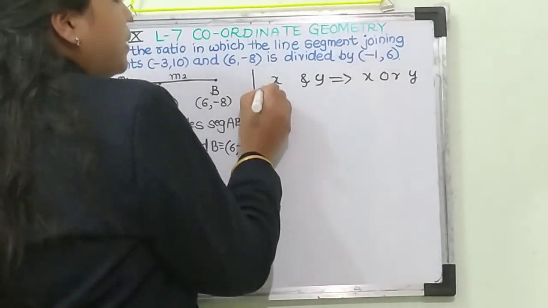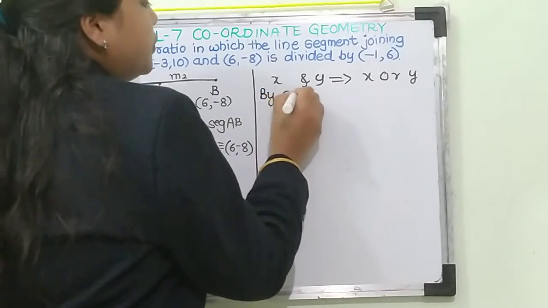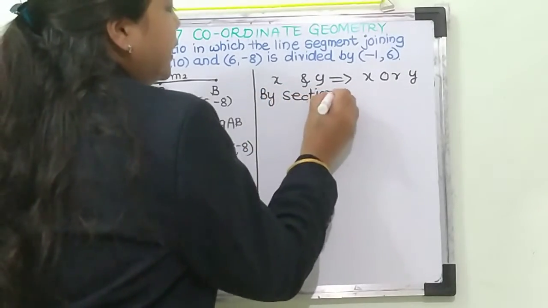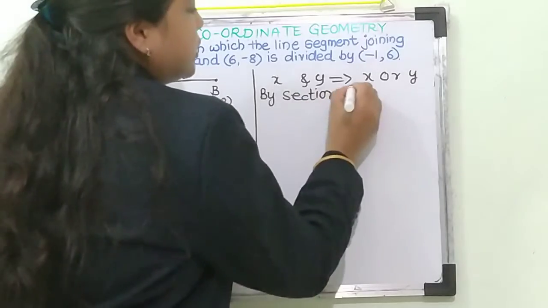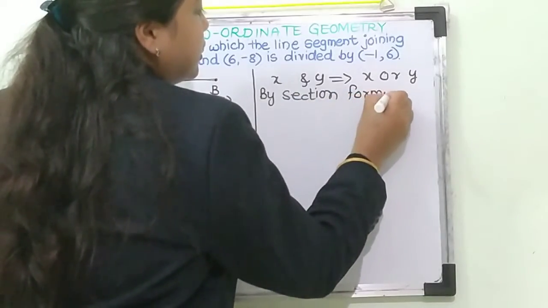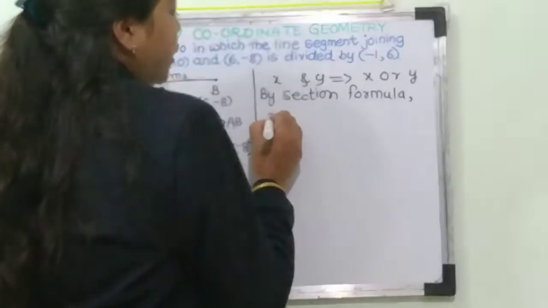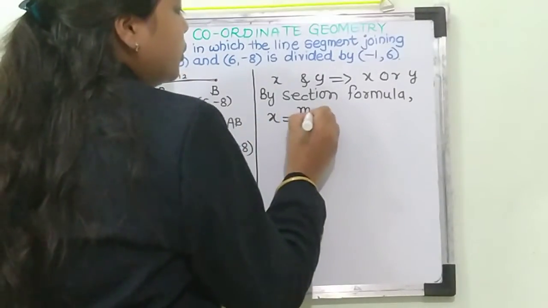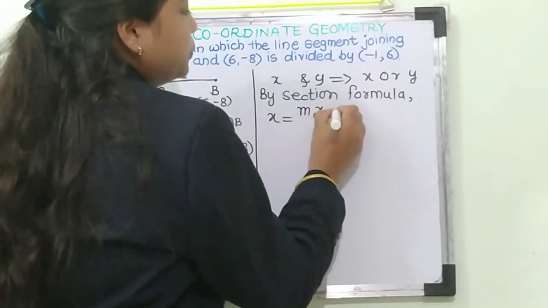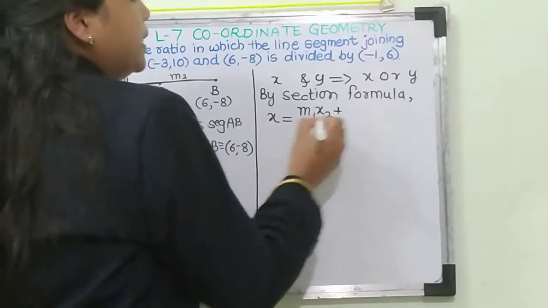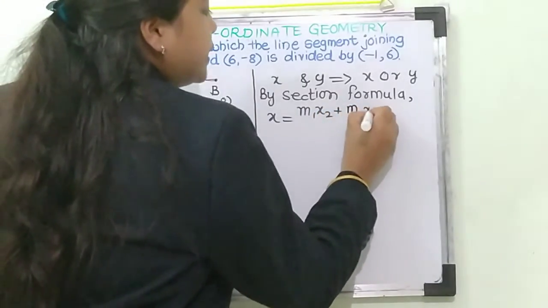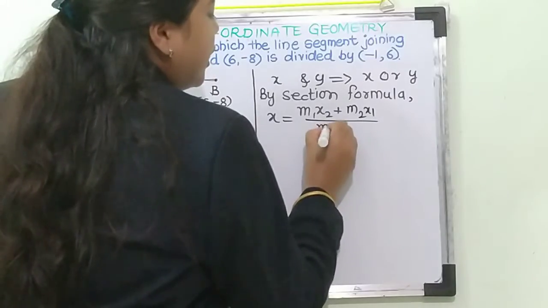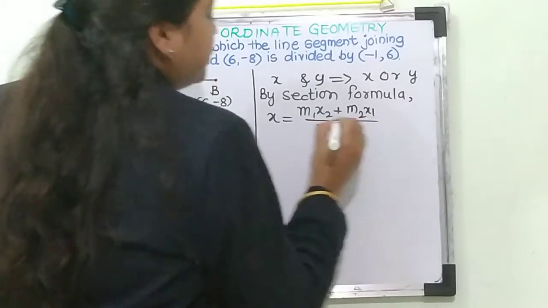So by section formula I am taking only x. By section formula I am going to consider only the x coordinate, that is x equals to m1 x2 plus m2 x1 upon m1 plus m2.